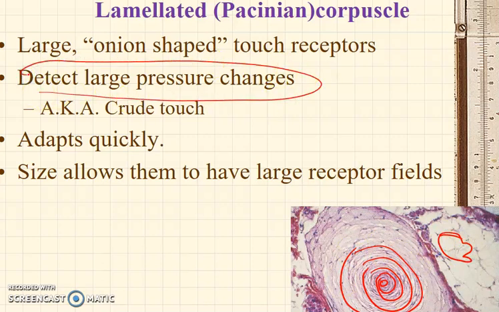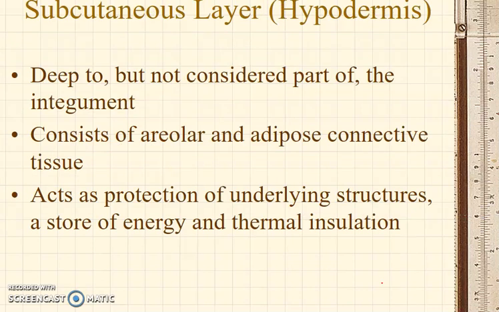You actually have these in other internal organs detecting pressure changes. And this is going to give you a crude touch. They adapt quickly, which means it goes away. And allegedly, they are spaced out a lot in the skin. When we actually look at the palm skin slide in class, you actually have a lot of them. So that's sort of wrong in the textbook, but if you look at any other skin slide, it's going to be hard to find them.